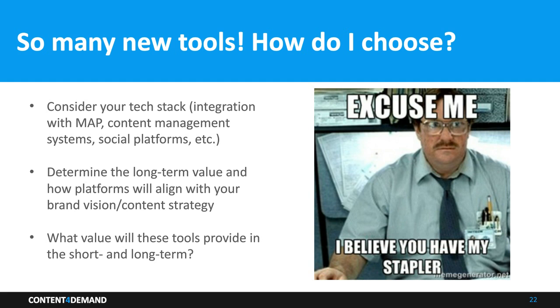The reality is these tools are expensive. Just like content, the tools themselves to create this interactive content are going to be an investment. So whichever tools you pick, you're going to have to make sure that it's going to serve a purpose, and that you've got what you need to integrate into your marketing automation system.